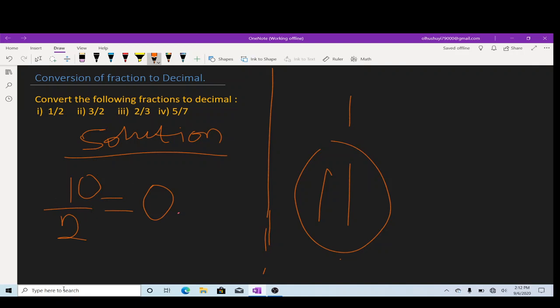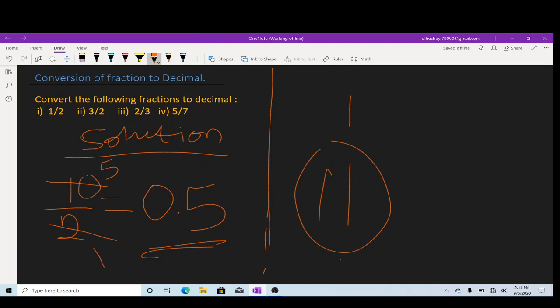You should know that with the aid of your multiplication table: 2 times what will give you 10? That's another way, or you just count your 10 if you can count. So you have 2 in 10, you have 5. No remainder. Perfect. Since there's no remainder, we are as good as done.